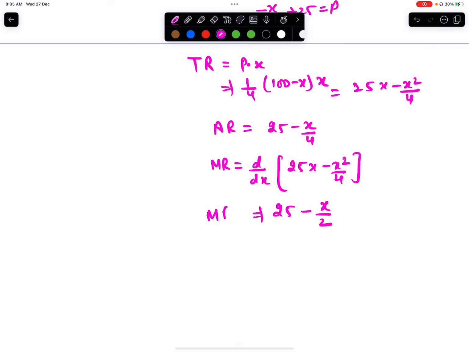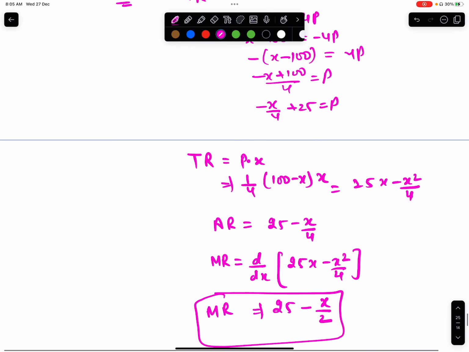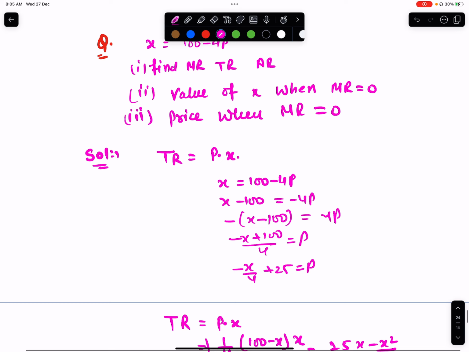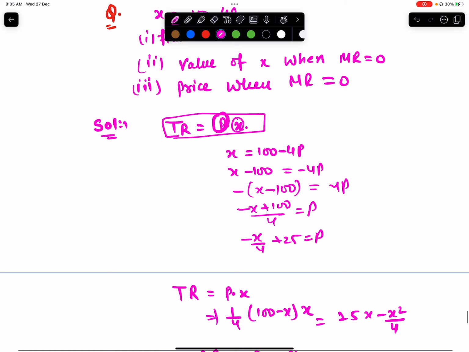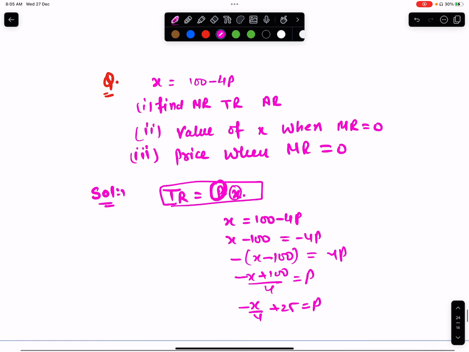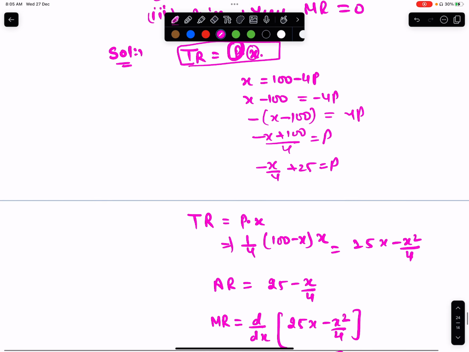This is marginal revenue. So the basic thing to remember in this question is that while doing TR equals P into X, we have to take the value of P in terms of X, so we find the value of P from here and multiply after.